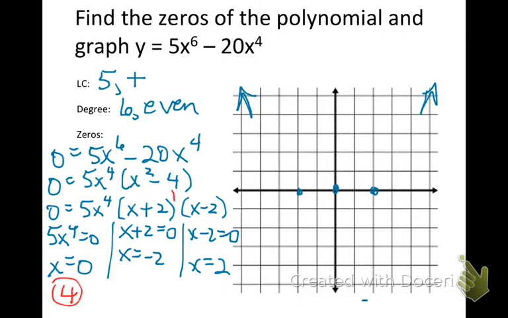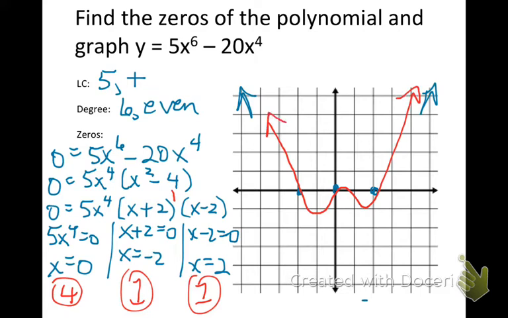But this just has a multiplicity of 1, and the same for that one. So the graph is going to look like this. Since we have 3 zeros, we will have 3 places where the graph crosses the x-axis at, again, negative 2, 0, and 2. And so that's how we sketch the graph of that polynomial.